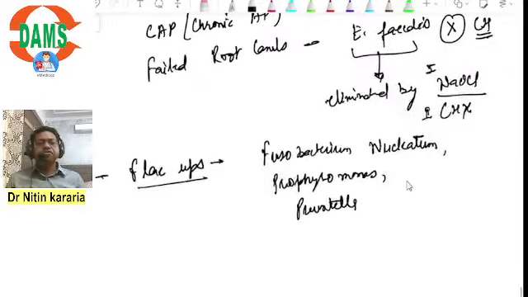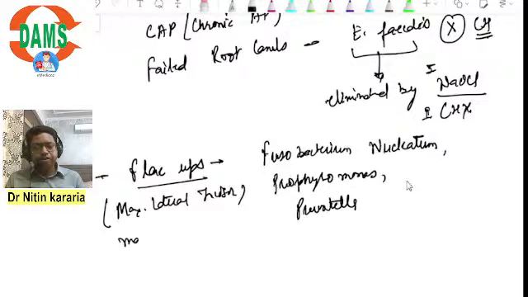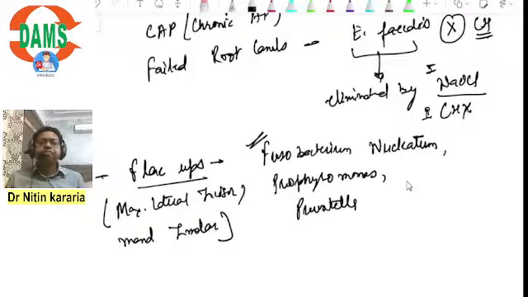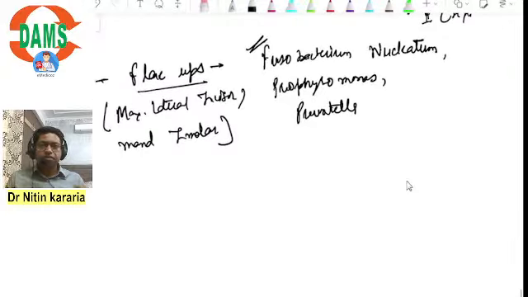These are the bacterial species which most commonly cause flare-ups. Flare-ups are mostly found in teeth like the maxillary lateral incisor and mandibular first molar, the most commonly involved teeth with flare-ups. Fusobacterium is most often responsible for flare-ups with the severest form of pain or swelling or both. These are some of the microbiologic aspects related to endodontics.